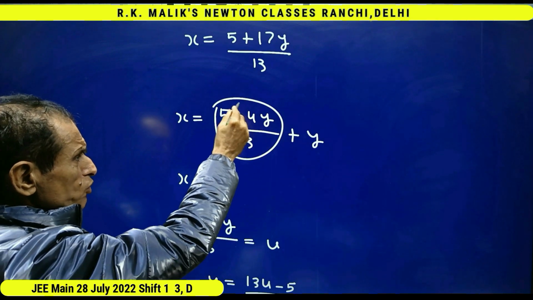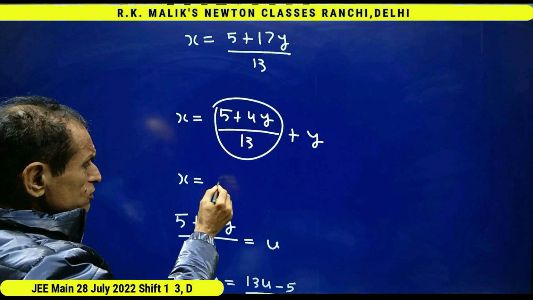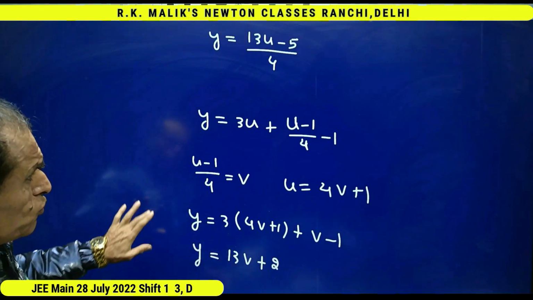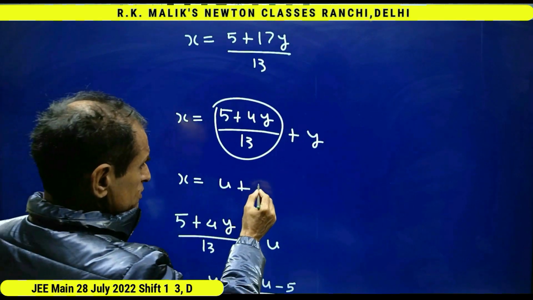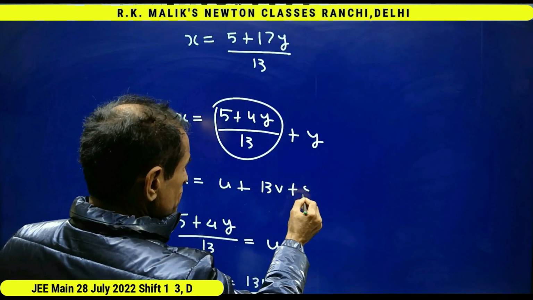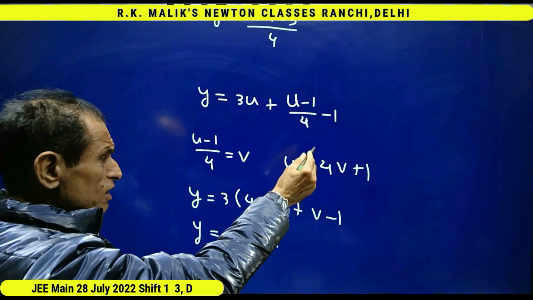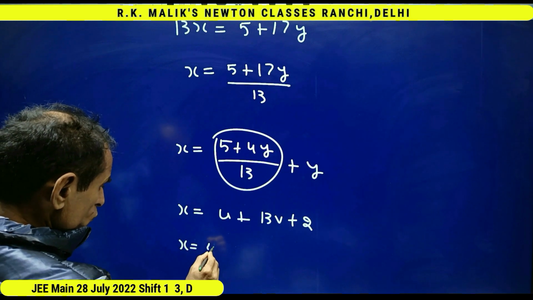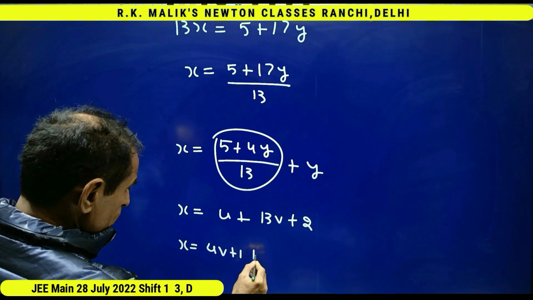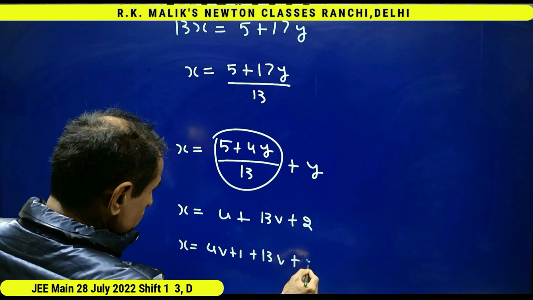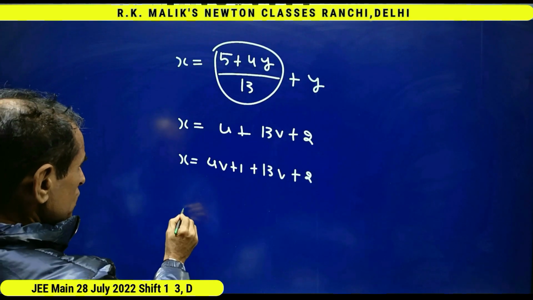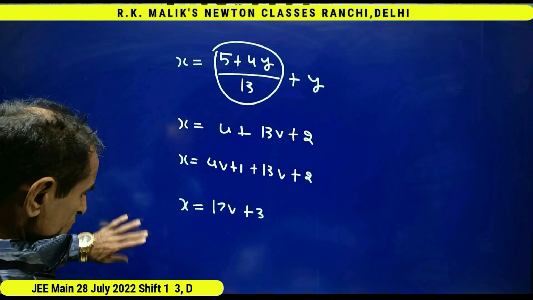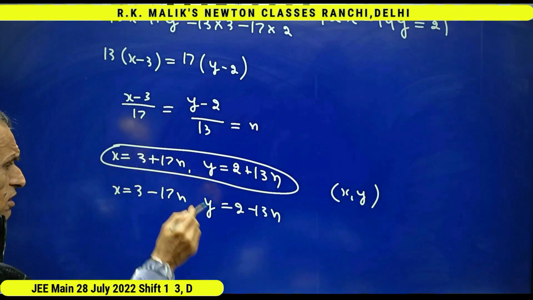Better is, because this is already supposed as u and y is 13v plus 2, and u we have already found as 4v plus 1, hence we get x equal to 4v plus 1 plus 13v plus 2, that is we have got x equal to 17v plus 3. Previously also we have got the same answer.